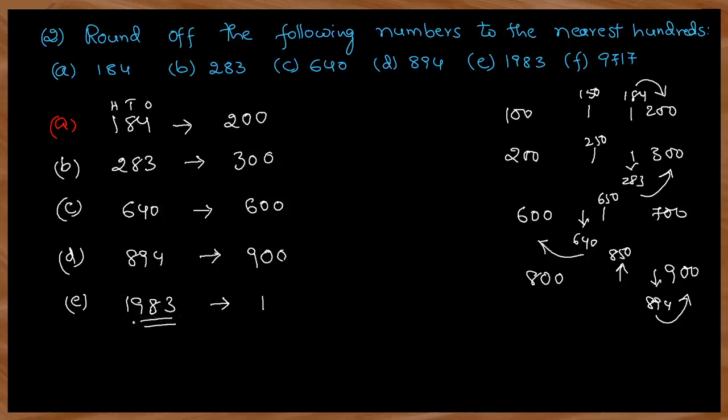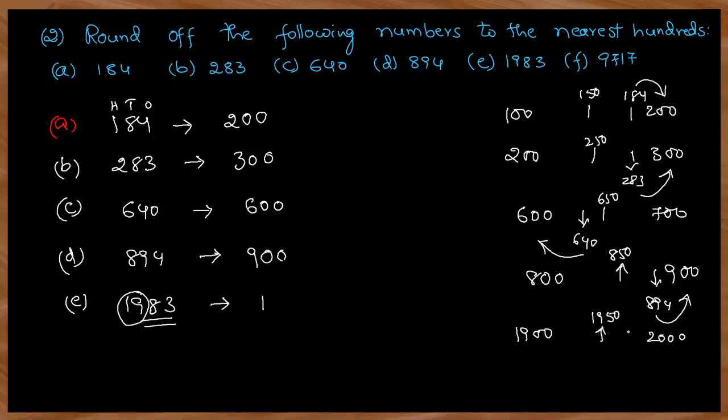That's why I am taking here 1900 in place of hundreds. From 1900 to 2000, which is 2000. So from 1900 to 2000, what will be the middle number? 1950.